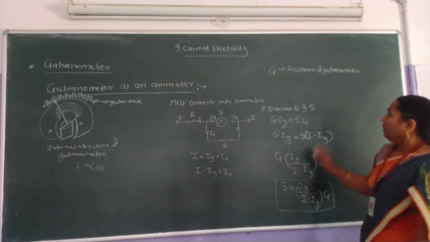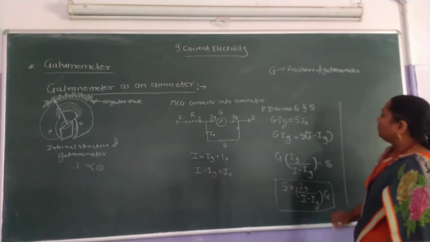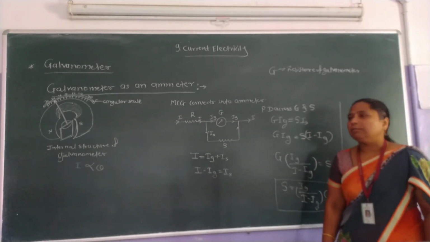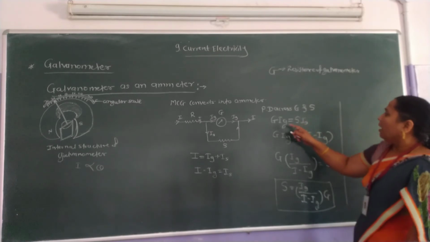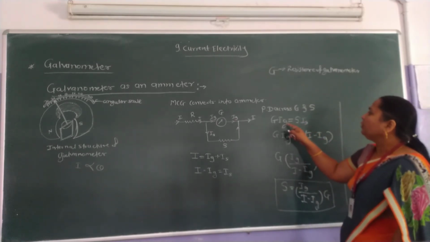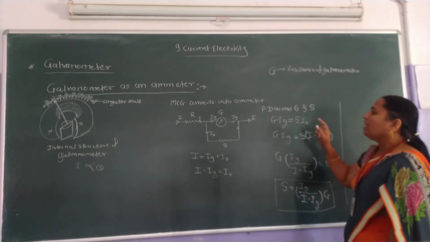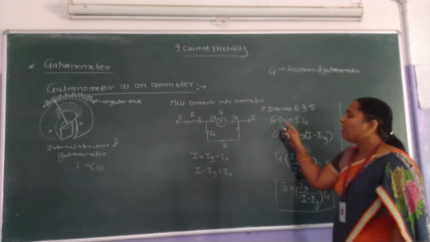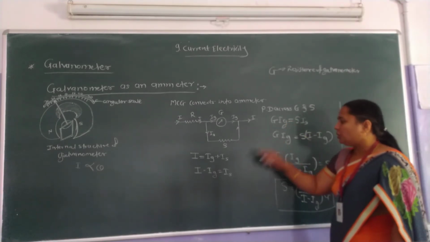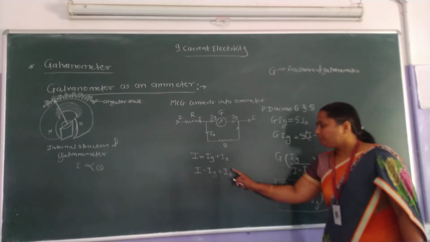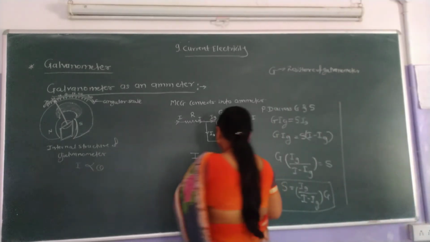And the ratio of the current means G into Ig is equal to S into Is. Substitute the value of Ig. Ig is equal to I minus Is.